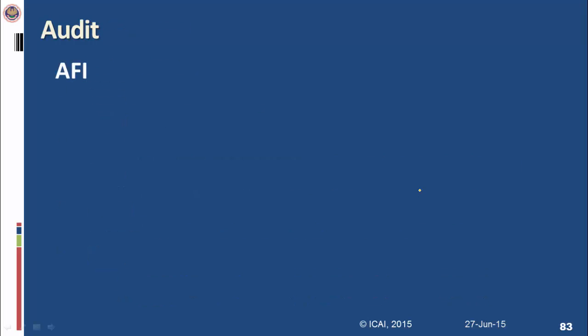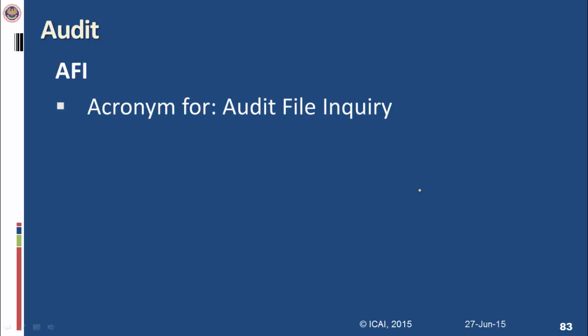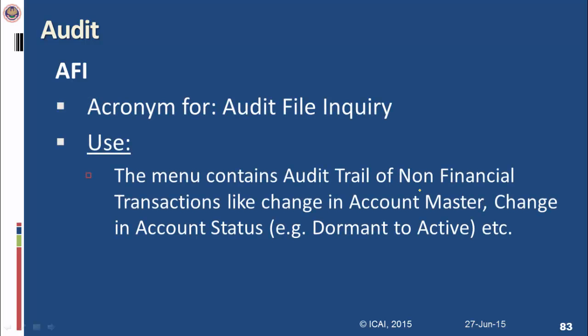The last command in Finacle that we'll be discussing now is AFI, that is audit file inquiry. The menu contains the audit trail of non-financial transactions like change in account master, change in account status, visually dormant to active. We can check it account-specific also, or for a particular date we can also check what the transactions of a non-financial nature are through AFI.